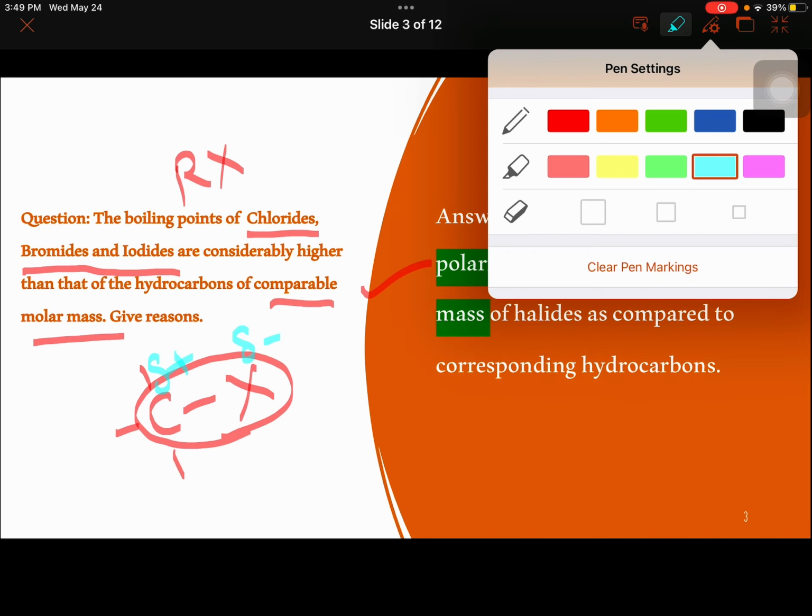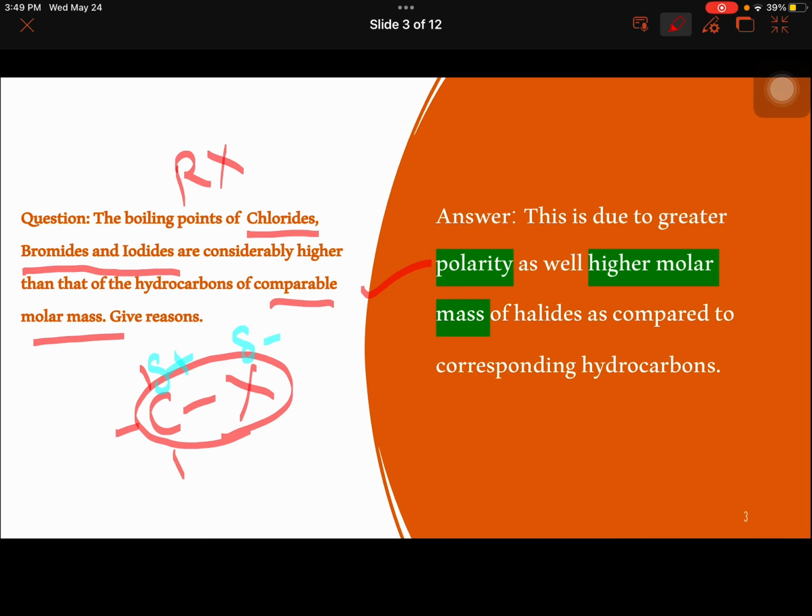Because of that, a dipole develops here, that we can show as delta positive and delta negative. Because of this dipole-dipole interaction as an intermolecular force of attraction between alkyl halides, and their higher molar mass as compared to hydrocarbons.